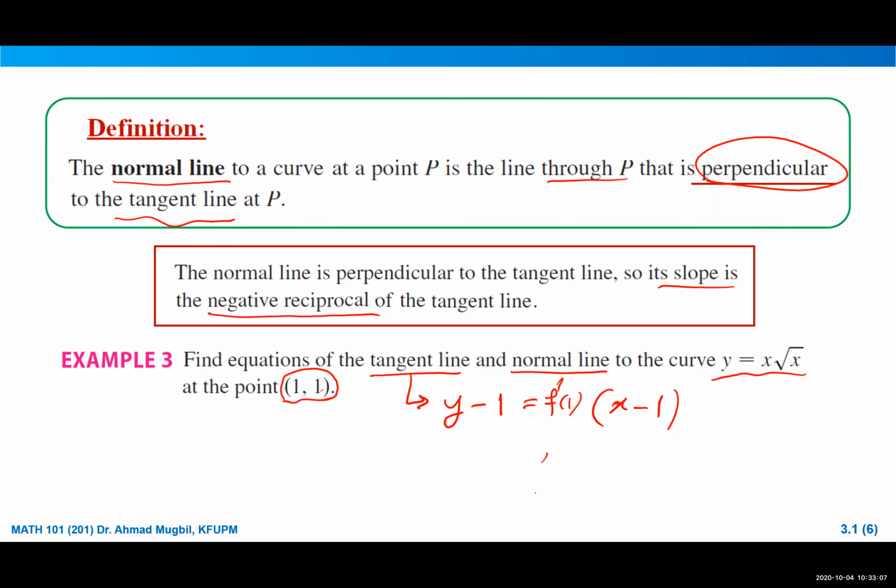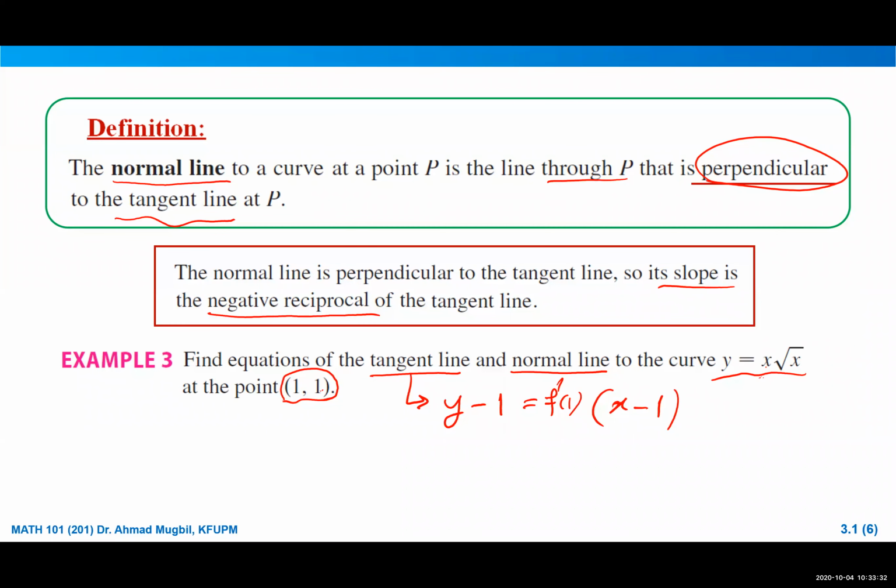Now the question: what is f prime at 1? If you are in 2.7 or 2.8, you don't have these ideas, you need to use the definition, as in the quiz of today, for example. But now, if you want to find f prime at 1, just find f prime at x in general, and then substitute 1. So look at your function here.